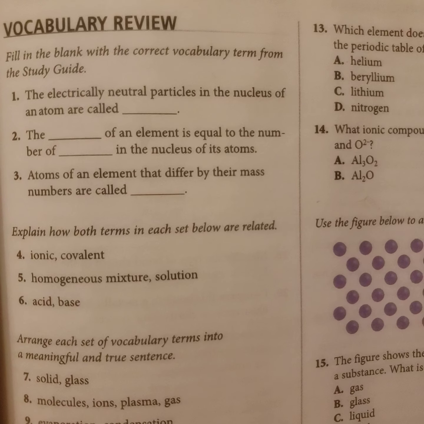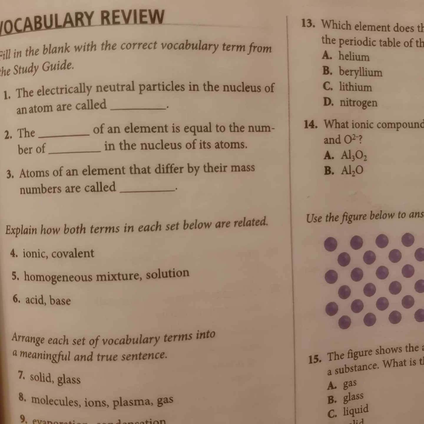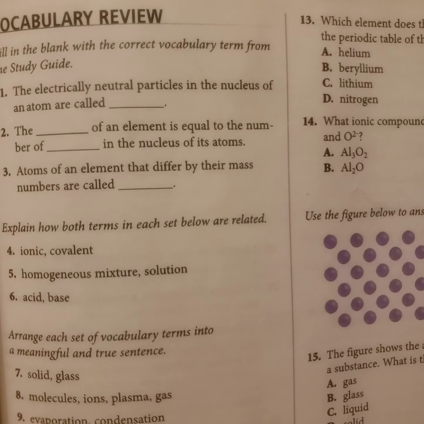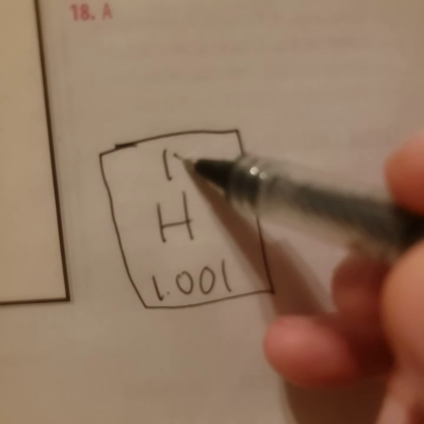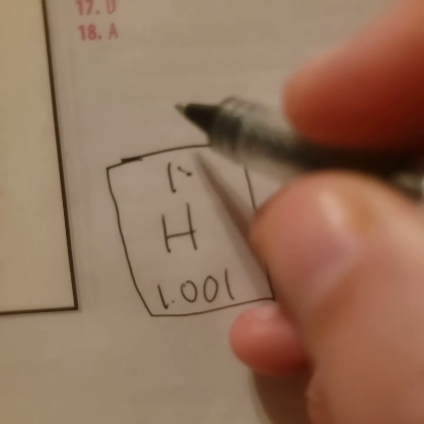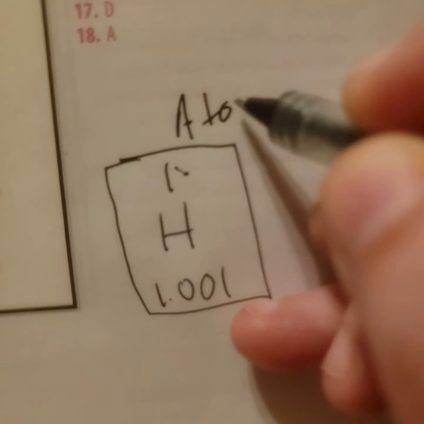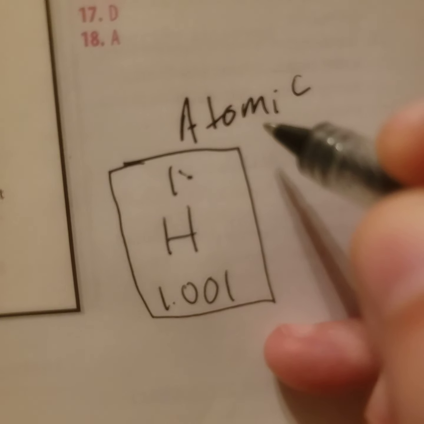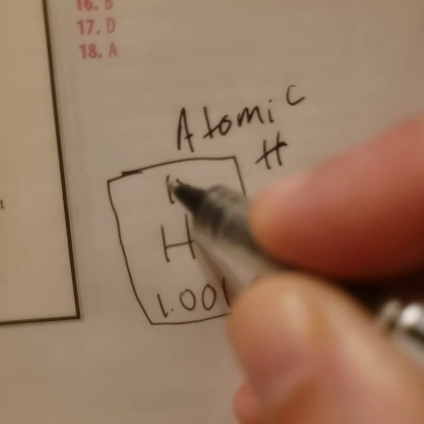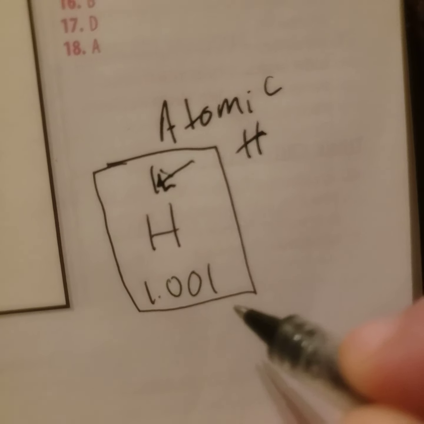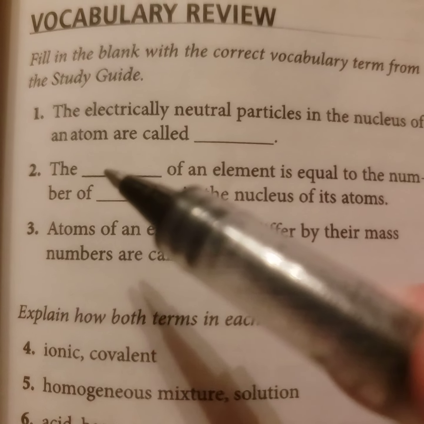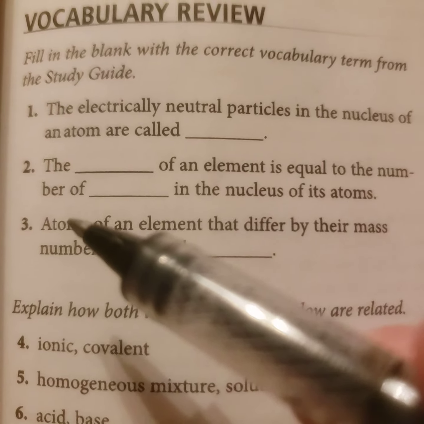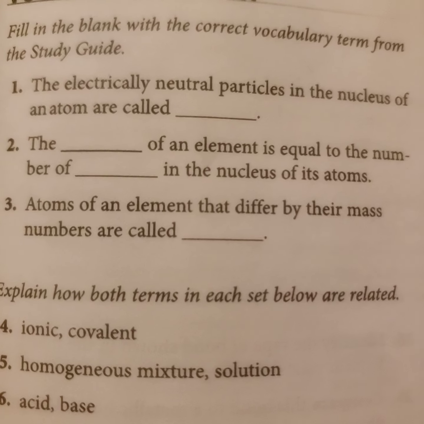And remember, if you have one square on the periodic table, up at the top, I just drew this, you have the atomic number. This is equal to the number of protons in the nucleus of the atoms. So the atomic number of an element is equal to the number of protons in the atoms.